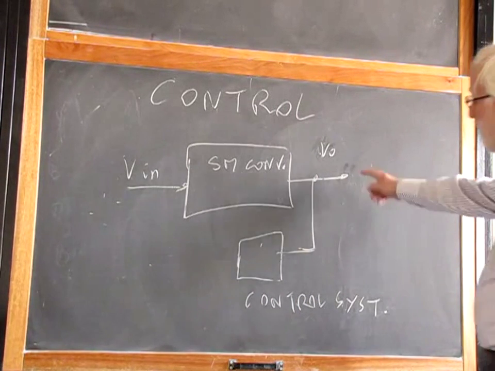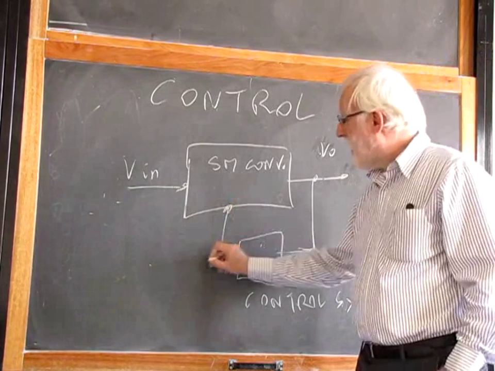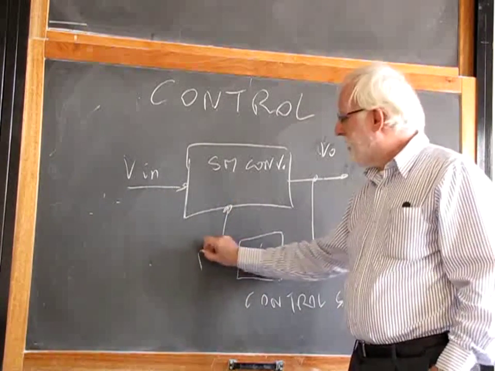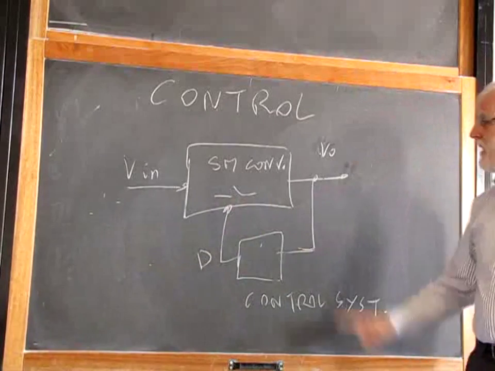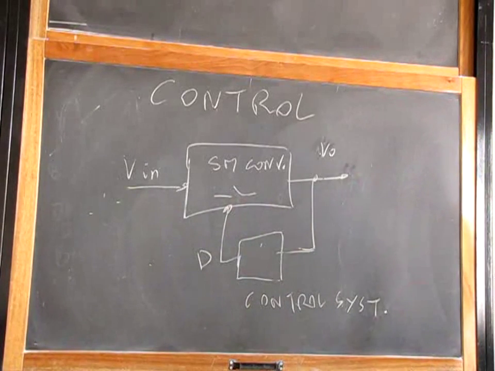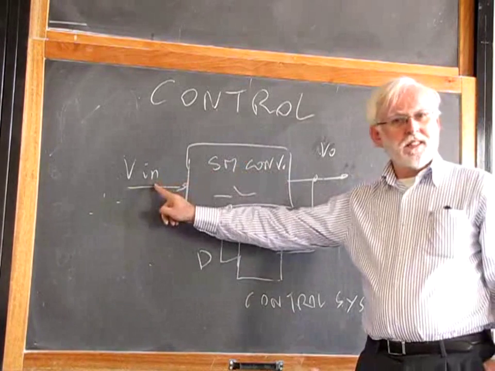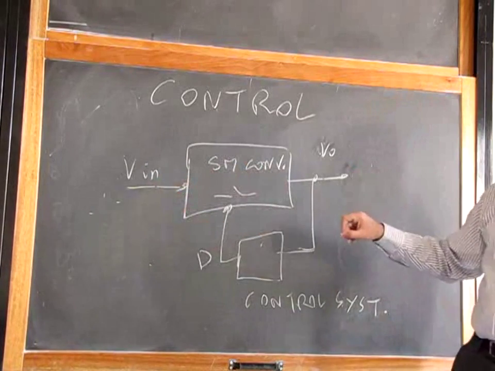Adjust the duty cycle to keep the output voltage constant. So from here I will have a duty cycle output D that goes to command the switch, and the output voltage will be constant, even if my input voltage changes, even if my load changes, etc., etc.